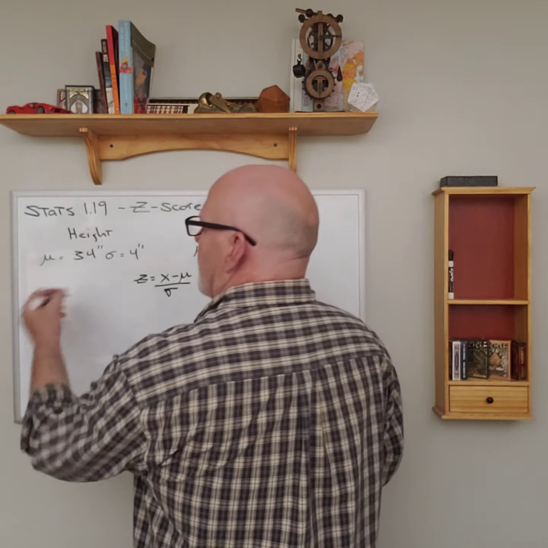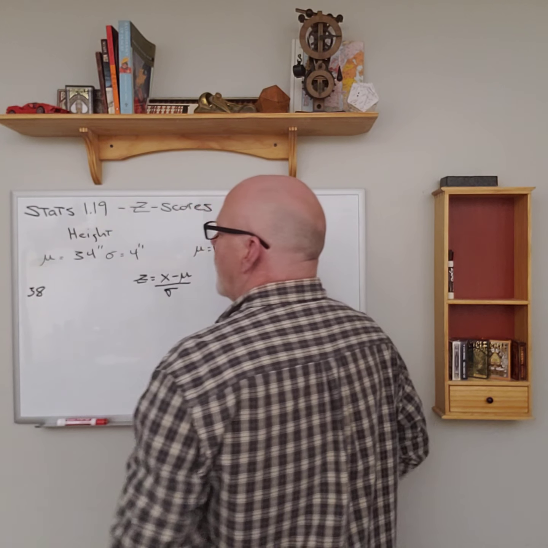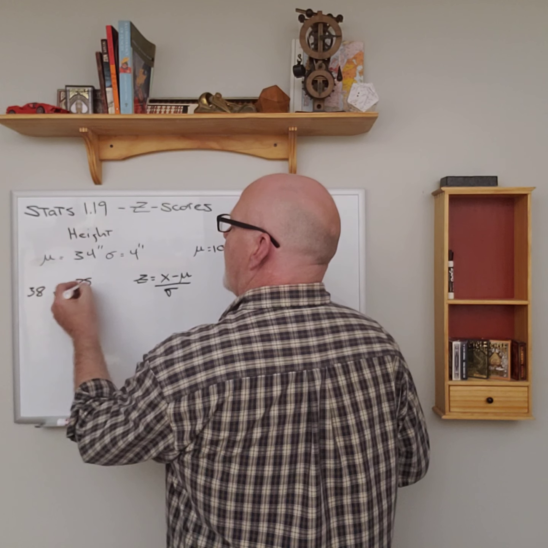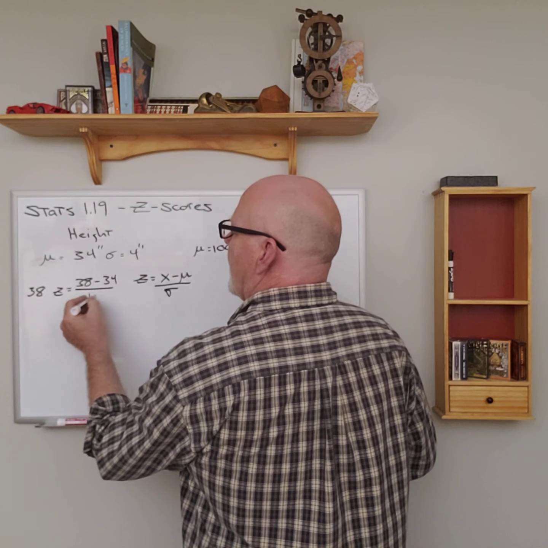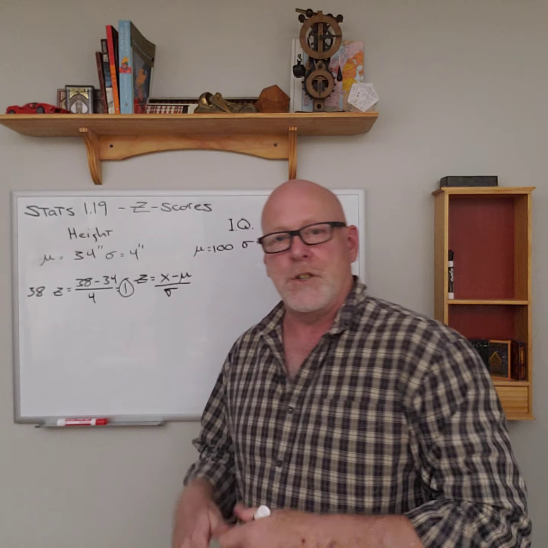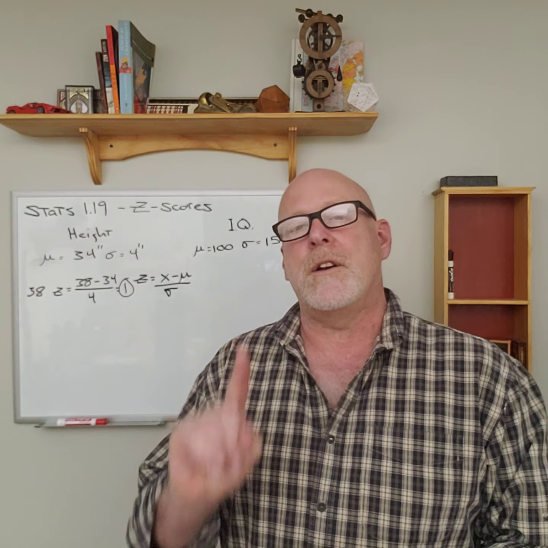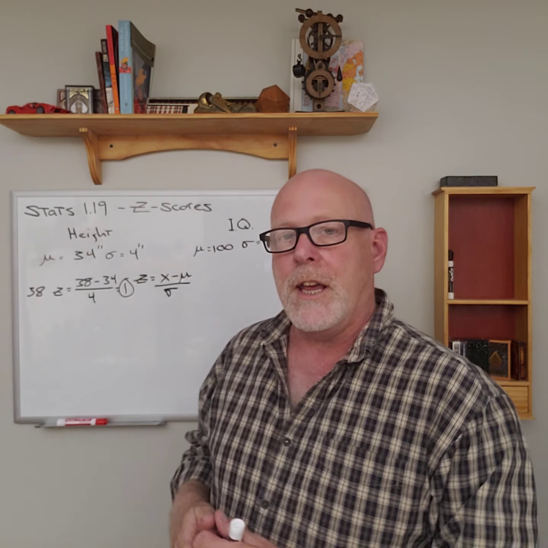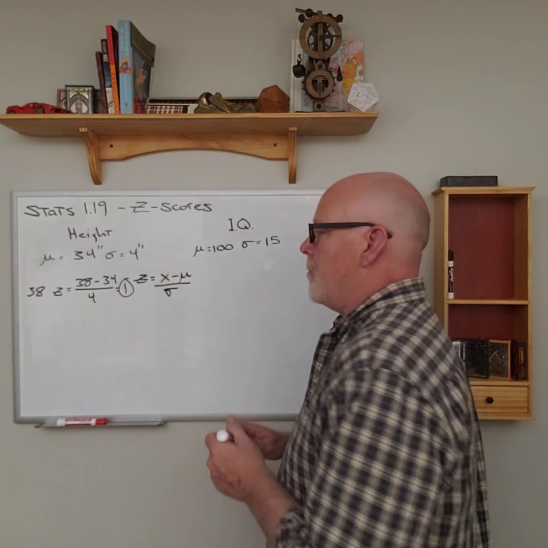So for example here, suppose we were 38 inches tall. If I want the z-score for that, I would take 38 minus 34, minus the mean, and then divide that by 4, and that would give me a z-score of 1. And I chose it because it would be easy. A z-score of 1. We're exactly 1 standard deviation above the mean. 4 inches above 34 would be 38. So a z-score of 1 means we're 1 standard deviation above the mean.